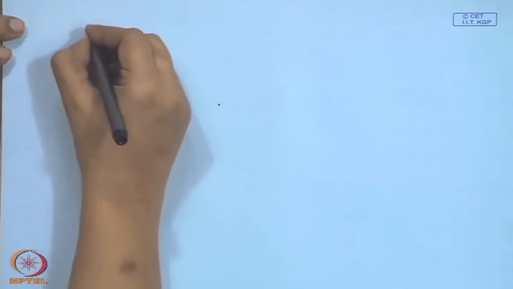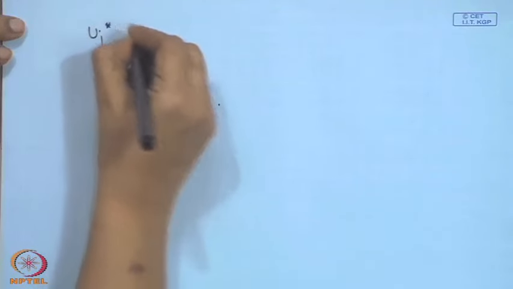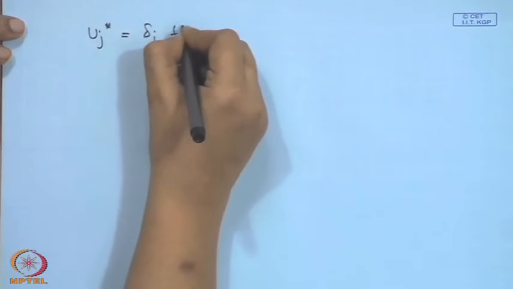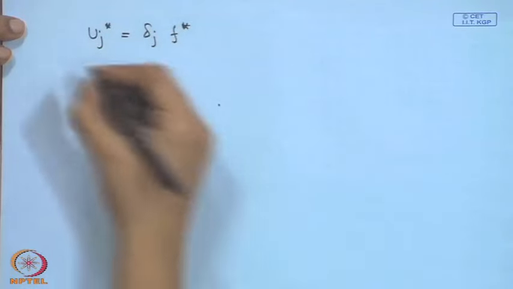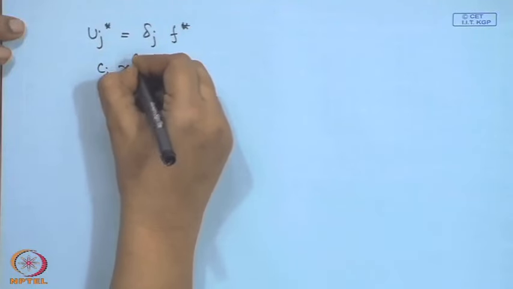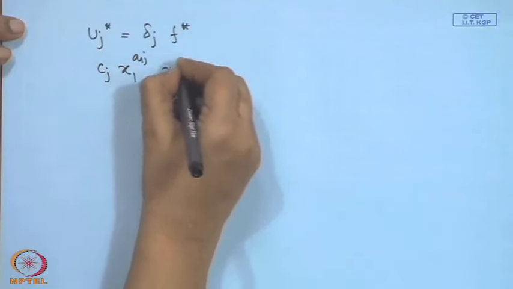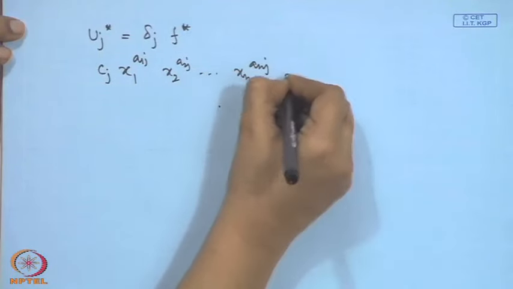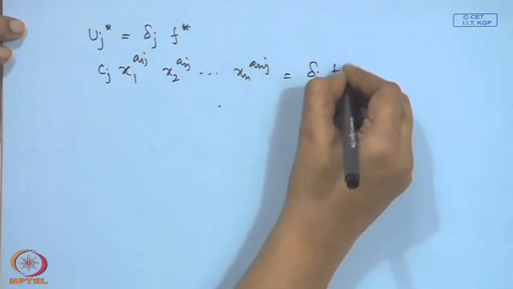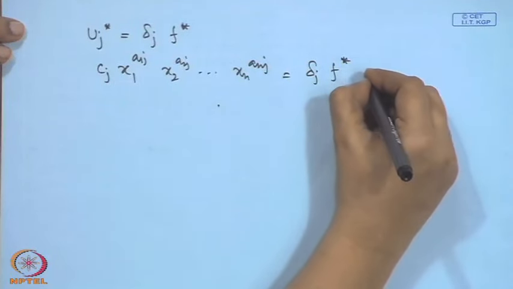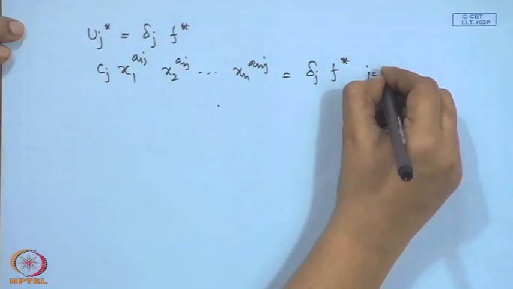As we know, at the optimal level uj star is equal to delta j into f star. From there we can get Cj x1 a1j, x2 a2j, and so on, equal to delta j f star. And how many equations will we get?